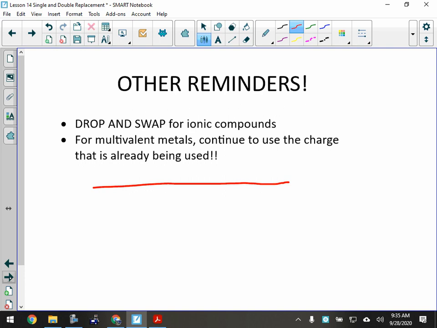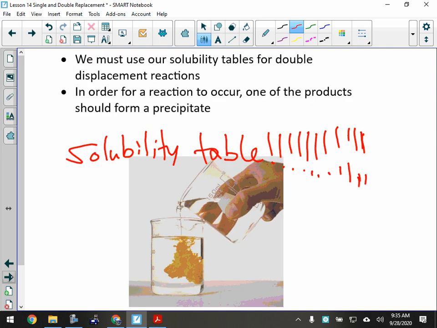It's a little different than single replacement, because remember, in single replacement we use the most common one if we have to in an ionic compound. In this case, we're going to start with whatever, and we're going to stick with that. Whether it's the most common or not doesn't matter. Like I just said, copper 1 will give you copper 1. We'll see. You've got to use the solubility chart.